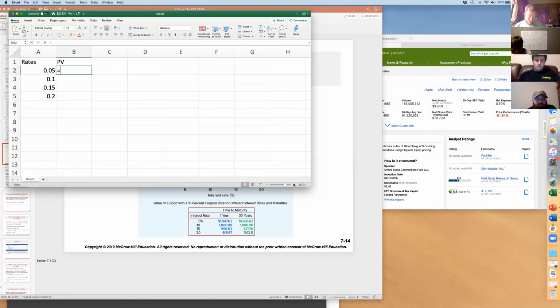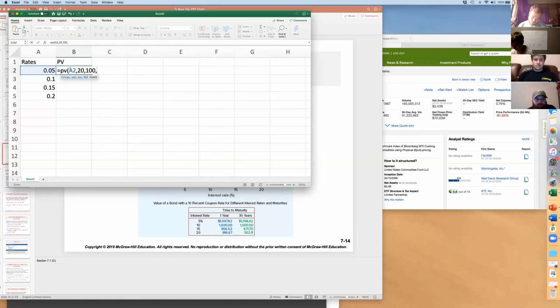It's going to be equal to the present value, open up parentheses. I'm going to cell reference that 5%. I didn't see anything that said it was anything but annual compounding, so I'm going to do annual compounding first. Number of periods is 20 years. The payment annually is $100 a year.